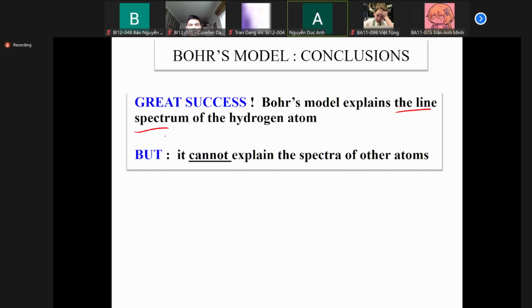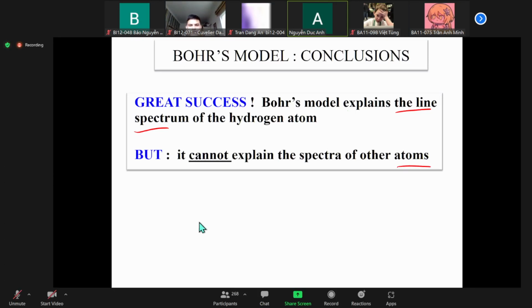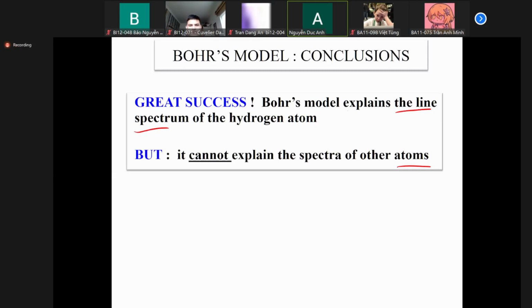But the trouble is that other atoms show much more complicated light spectra compared to hydrogen. As you see, hydrogen has only one electron.